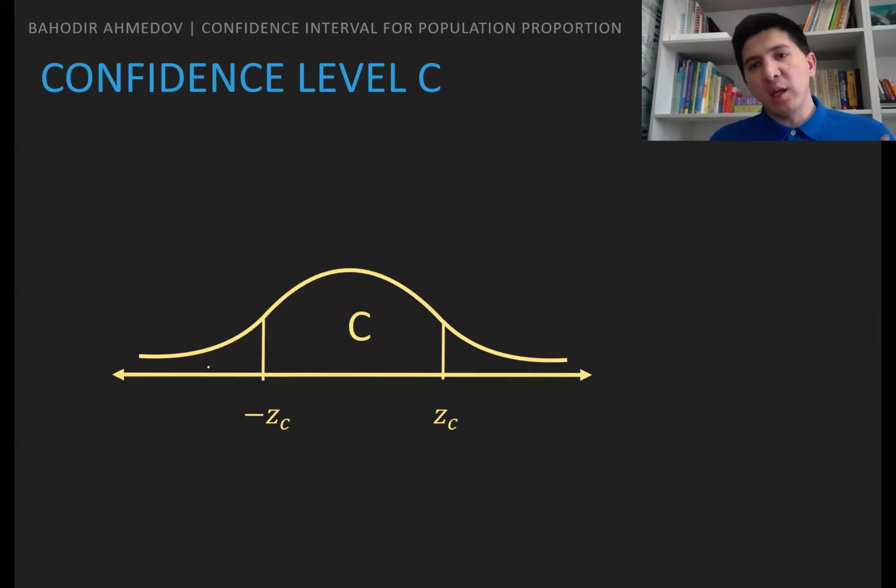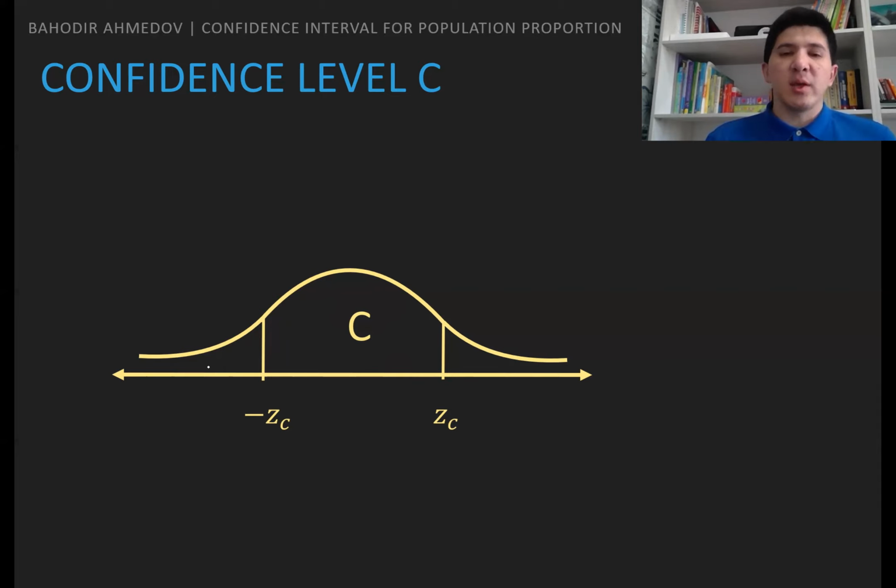Mathematically, it means: what is the probability that the population proportion, which I don't know, is going to be in my interval? If I would like to be more sure, if I would like to increase this probability, then of course I need to increase the size of the confidence interval, right?